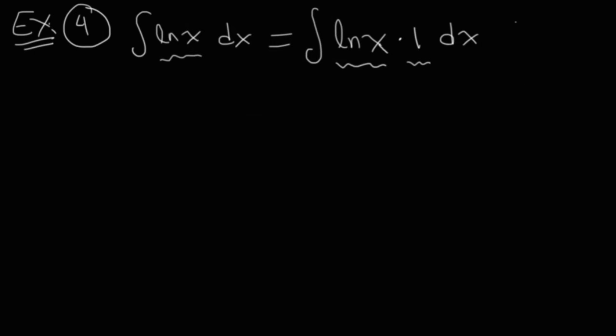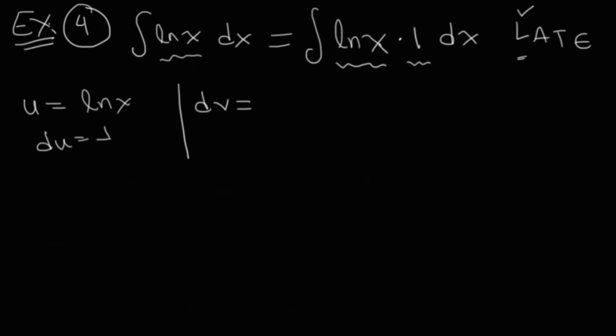Okay, now here's where the acronym comes in, again, late. Okay, so I'm going to pick my u to be, let me write it here, dv. So I'm going to pick my u to be in the order that I have it here. Do I have a log? Yes, I do. So now I'm going to let u equal to ln of x. My du is going to become 1 over x dx.